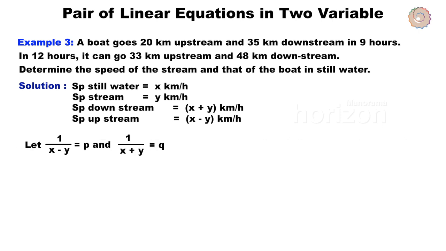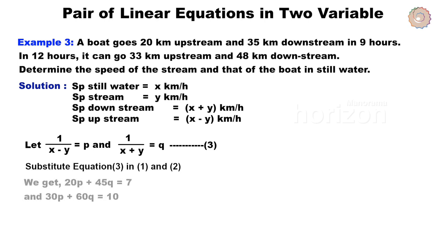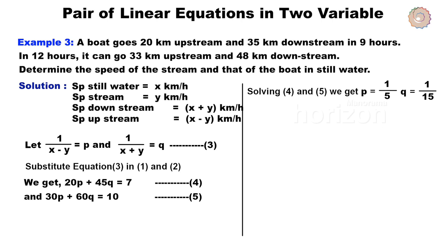Let 1 by x minus y equals p and 1 by x plus y equals q. Consider this as equation 3. Substitute this in equations 1 and 2. We get 20p plus 45q equals 7 and 30p plus 60q equals 10. Let's consider these as equations 4 and 5. Now, these have become the standard form of a pair of linear equations in two variables p and q.